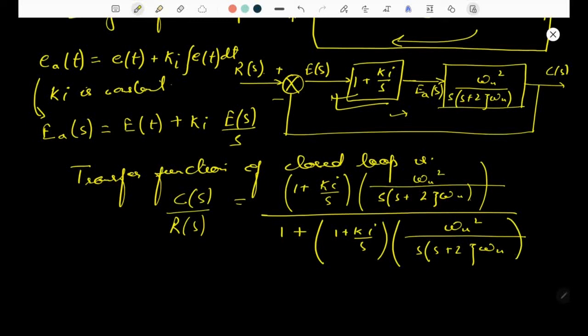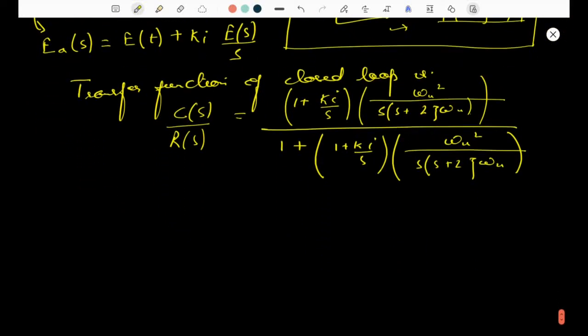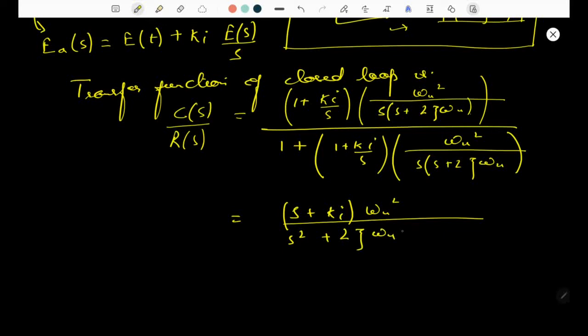After simplification we get (s plus Ki) into omega n square divided by the cubic polynomial in s.